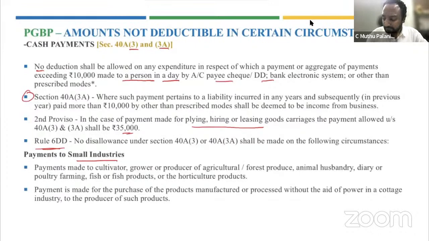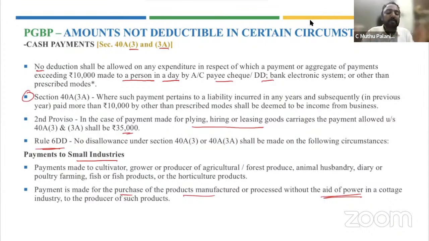And next, payment made for the purchase of products manufactured or processed without the aid of power in a cottage industry. Most of them will be operating in the handloom area. So such things are basically handloom based things. Any payment made to them, working without the aid of power, there is no limit.